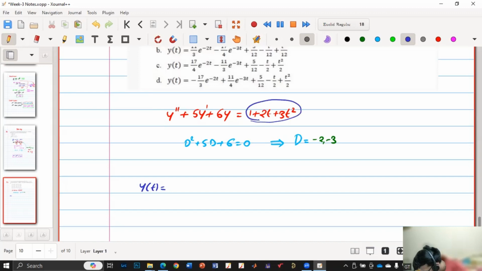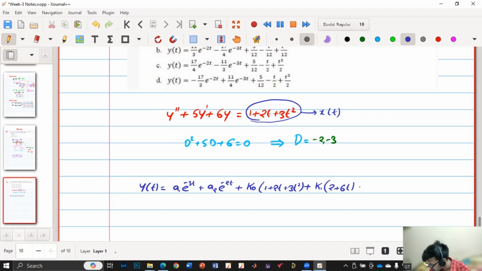So the generalized solution is a1 e to the power minus 3t plus a2 e to the power minus 2t plus k naught into x of t plus k1 into x dot of t, which will be 2 plus 6t, and k2 into 6, other terms are 0. So this is my generalized expression.